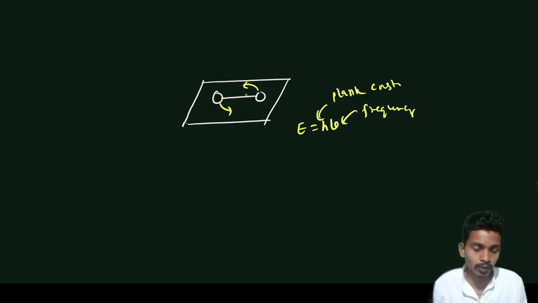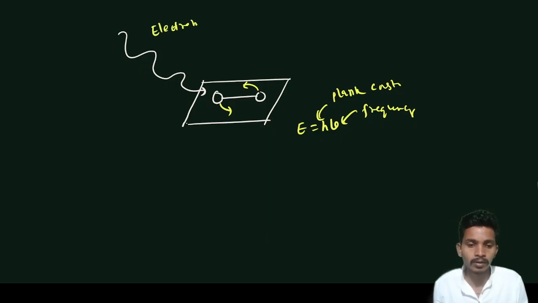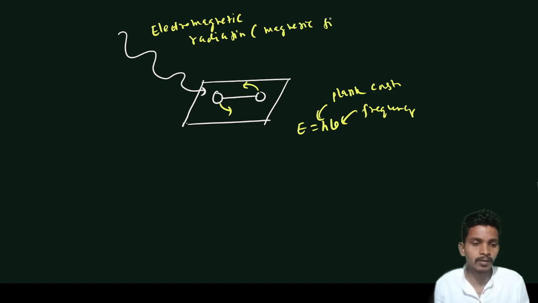And whenever we give any electromagnetic radiation to this rotating molecule, then what happens? Electromagnetic radiation has a magnetic field and an electric field, and it has some frequency.